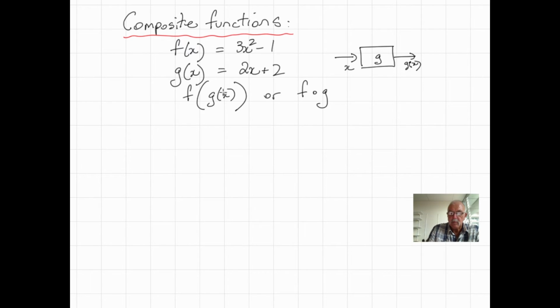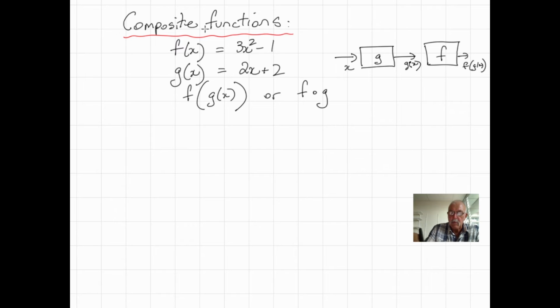Now that will be inputted to another black box, which is the f function, and so out will come f of g of x. So g of x was our input, and so out will come that.